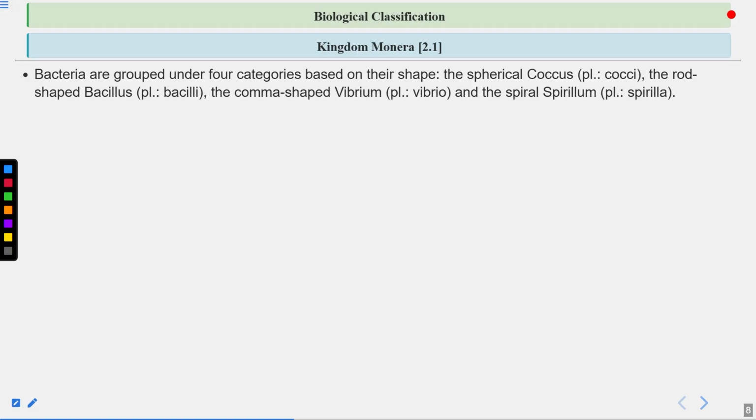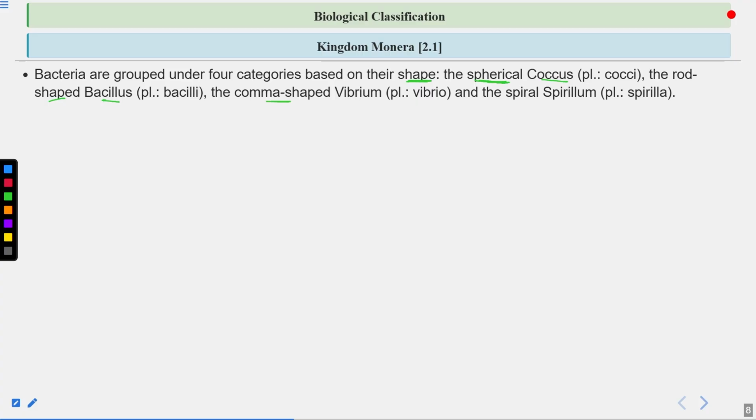Now, bacteria are grouped into 4 categories based on their shape. So let's talk about the 4 categories of bacteria based on their shape. First is spherical. The bacteria can be spherical in shape, for example, coccus. It can be rod shaped, such as bacillus.